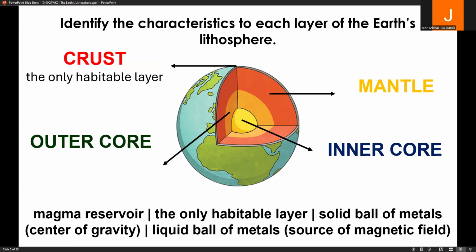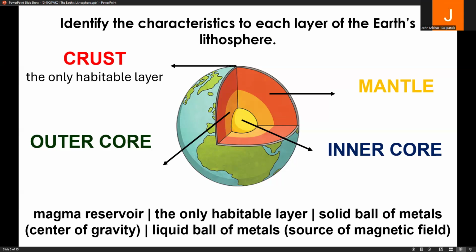So why? It's because most of the natural resources and basic necessities can be found on the crust. Basic necessities such as food, water, air, shelter, etc., even the materialistic things, and natural resources such as water forms and land forms.